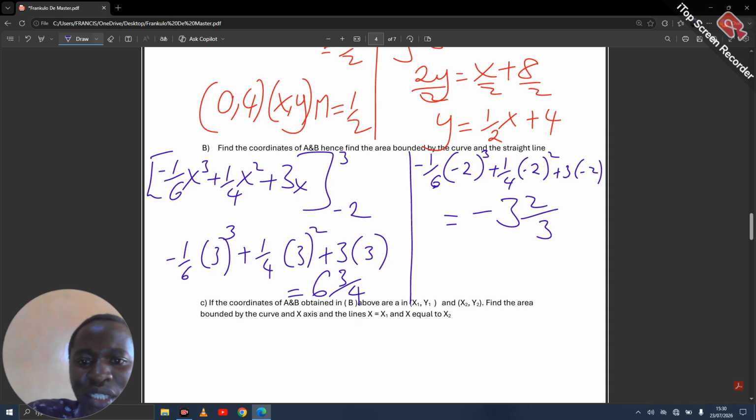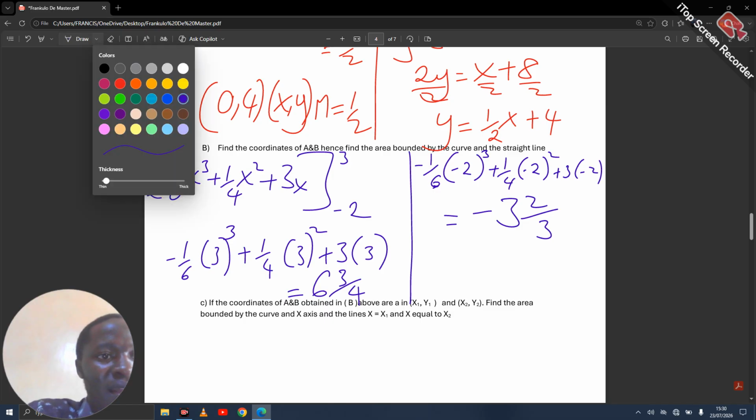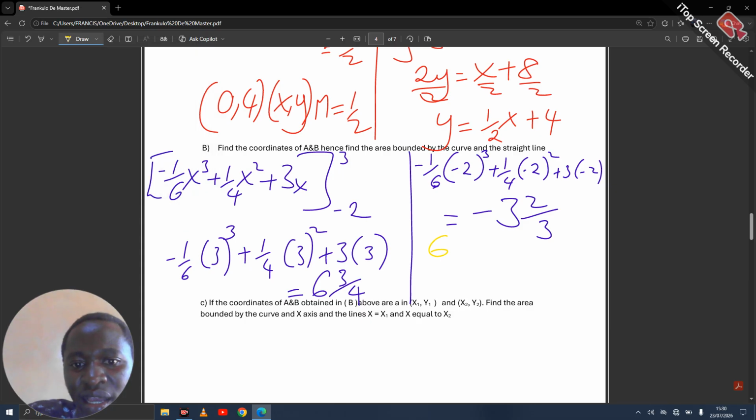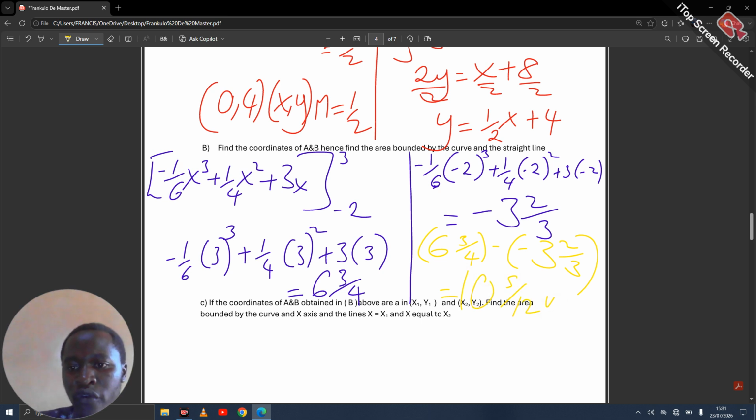So it is now 6 and 3/4 minus negative 3 and 2 over 3. Working this in a calculator, our answer will be 10 and 5 over 12 units squared.